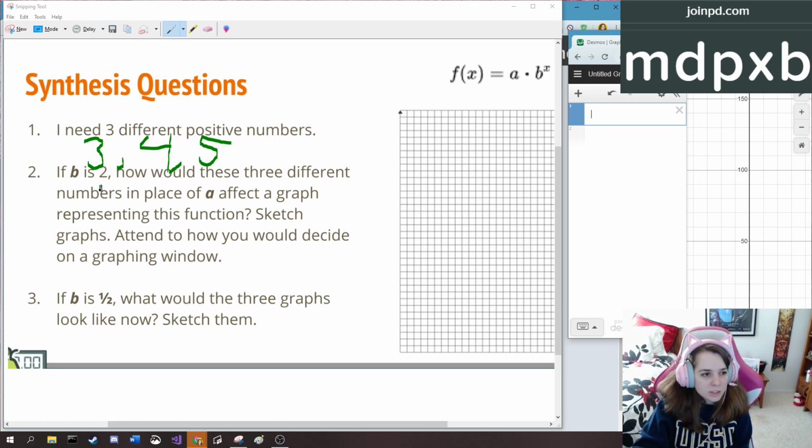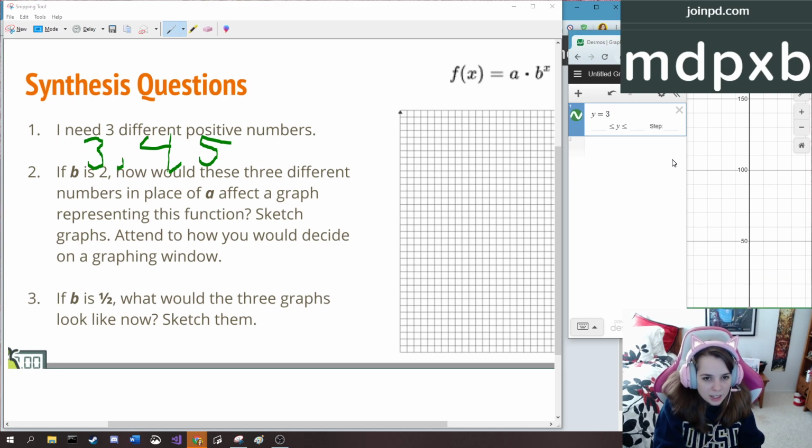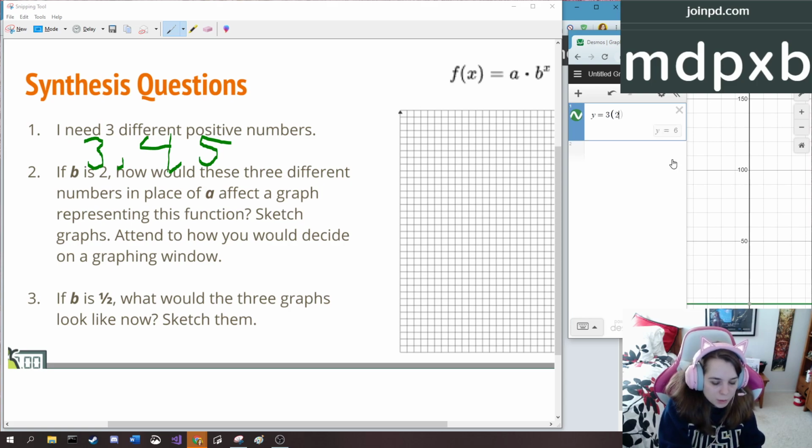So if B is 2, how would these 3 numbers in place of A affect the graph? Let's take a look at that. Let's say 3, and we're saying that our growth rate is always going to be 2.